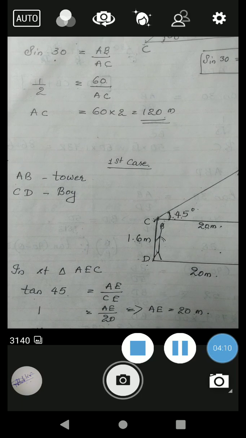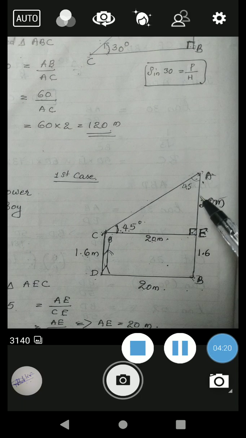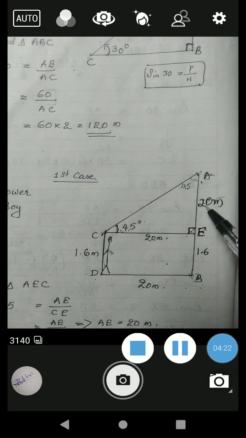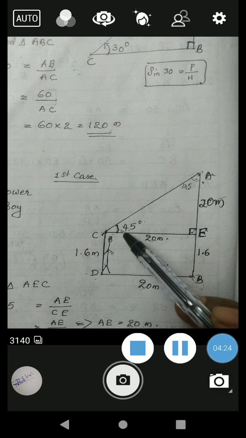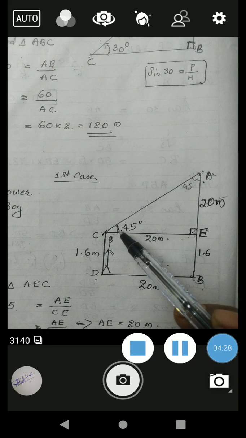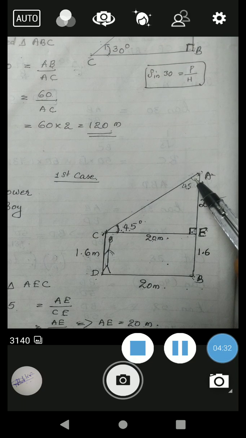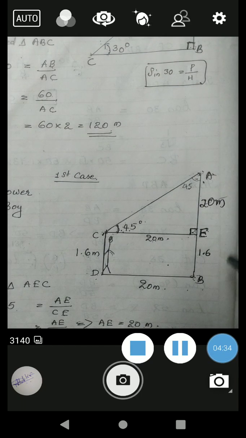Therefore AE is 20 meter. Or directly, if we apply isosceles property, we know that two sides of an isosceles triangle are equal, or the sides opposite to equal angles are equal. One angle is 90, and this angle is 45, therefore this one is also 45. Either you can apply isosceles property or trigonometrical ratios.